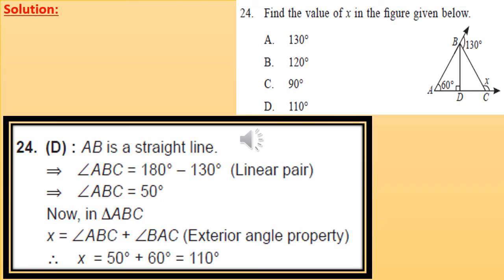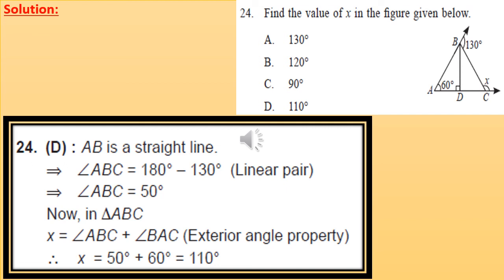Question number 24. Check out the solution here. Now AB is a straight line. So angle ABC equals 180 degree minus 130 degree by the property of linear pair angles.